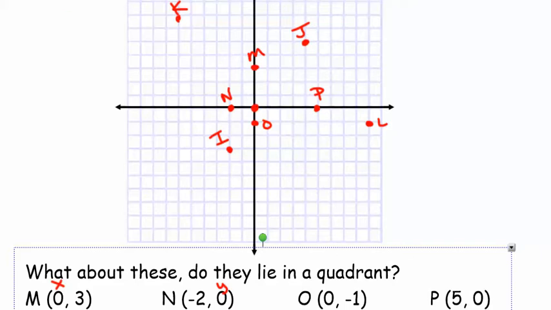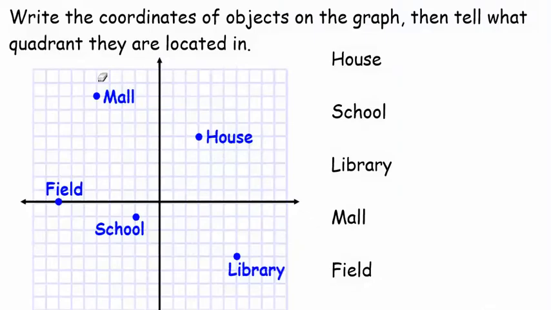All right, so here's a couple more things. Now I want you to write down the coordinates of these locations. If I ask you for the house, I'll do one with you, okay? We're going to start at 0, 0, and I want to get to the house. Remember, my X value goes right or left.